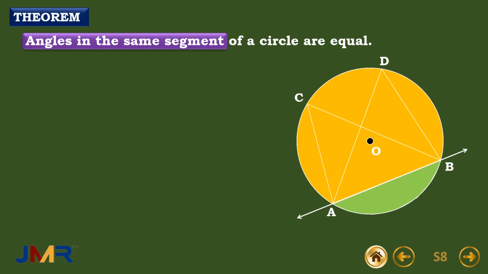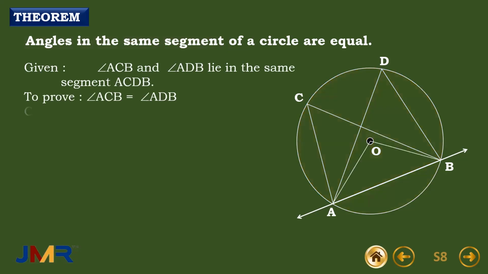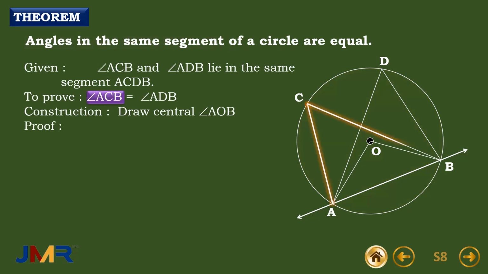How can I prove? The proof is very simple. Join OA and OB. What is angle AOB? Angle AOB is the central angle, the angle made by arc AB at the center. Now, angle ACB is half of the angle AOB, or angle AOB is twice angle ACB.